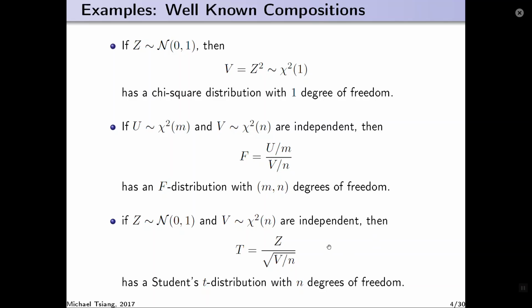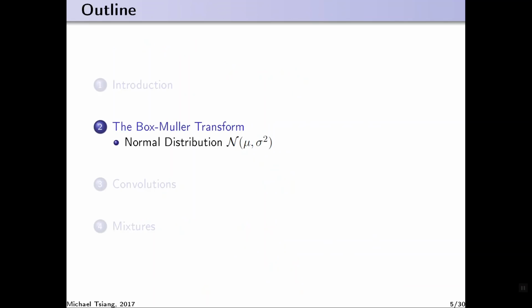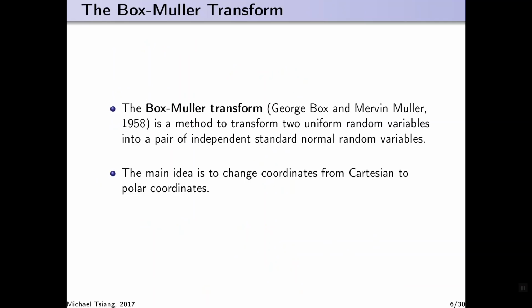All right, so that's what we have, and we're going to look at something called the Mueller Transform. The Mueller Transform is a way to get standard normal random variables by transforming uniform random variables.